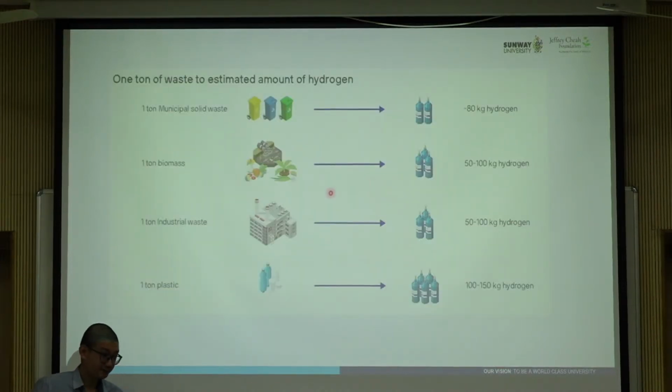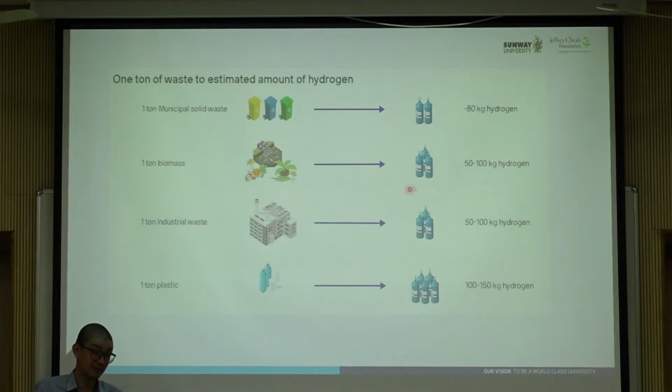So this is to give you a brief idea of how much hydrogen can be produced from different types of waste or raw materials. For example, municipal solid waste can produce around 80 kg of hydrogen. One ton of biomass can produce 50 to 100 kg. You see, the yield is less than 10%.